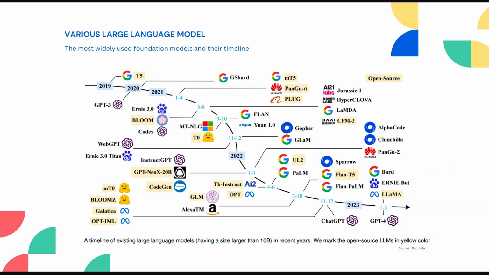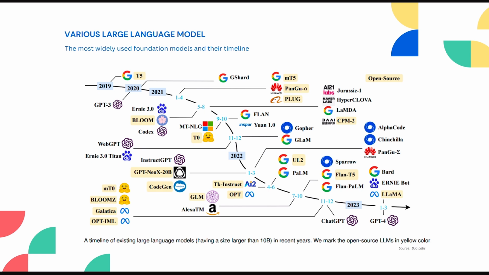If you see the journey, GPT-3 started in 2020, then they got Codex, ChatGPT in 2023, and then GPT-4. Similarly, they have also been publishing WebGPT, InstructGPT, BloombergGPT, and so on.